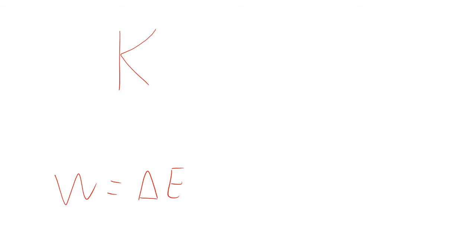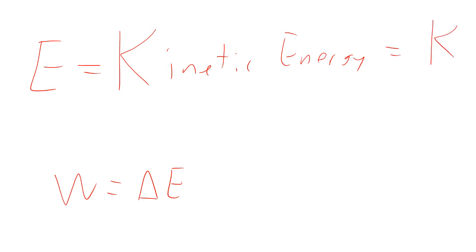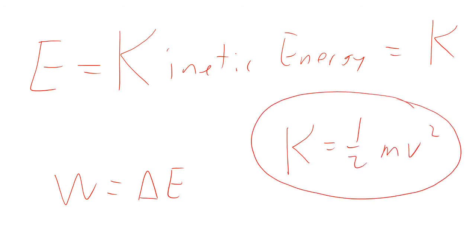So the energy in this case is just kinetic energy, and the symbol we have for kinetic energy is generally just K. So we would say that K is 1/2 m v squared. This is the kinetic energy associated with motion v.